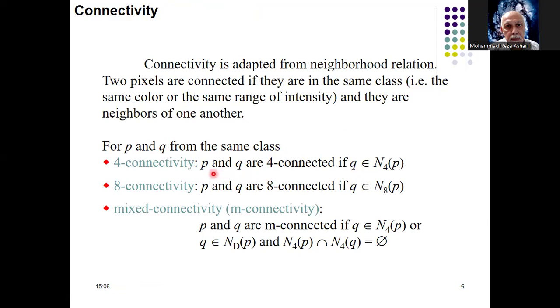Also, we can define connectivity, adapted from the neighborhood relationship. Two pixels are connected if they are in the same class. For instance, they have the same range of intensity and they are neighbors of each other. For P and Q from the same class, P and Q are 4-connected if Q belongs to N4(P).